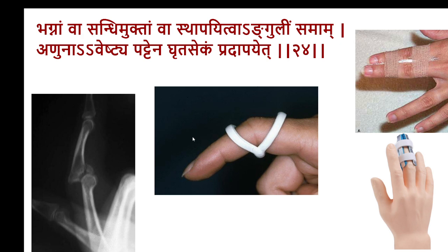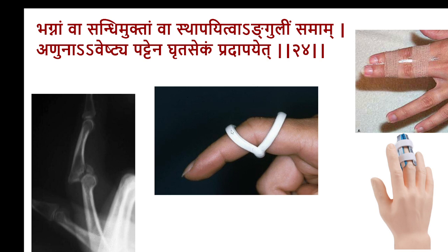In the present day situation, in case of the dislocated phalangeal joints, the best option is a buddy bandage. Buddy bandage is making use of a neighboring finger as a support, as a splint. Instead of using a plaster of Paris splint, you may prefer the other finger as a splint and immobilize, and this gives a partial immobilization and good support, and the healing would be quite good.